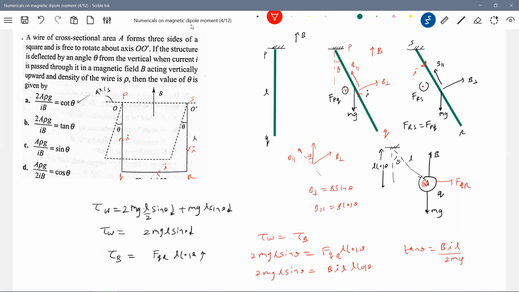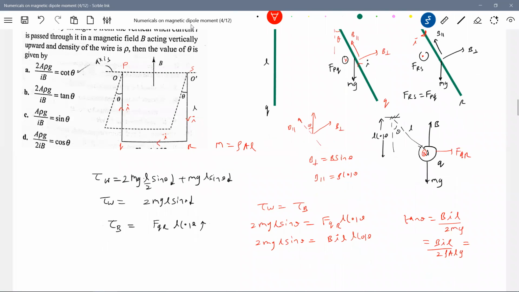What is m? m should be equal to rho, as given density rho, A into L. Tan theta equal to BI by 2 rho A g. Very good problem. Students really have to put a lot of effort here.